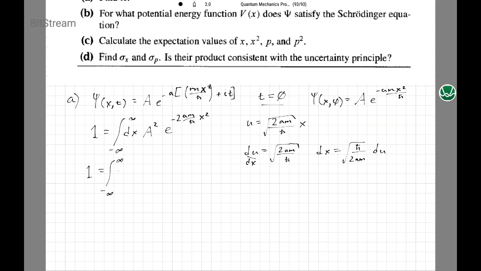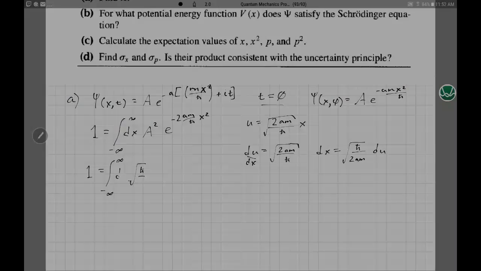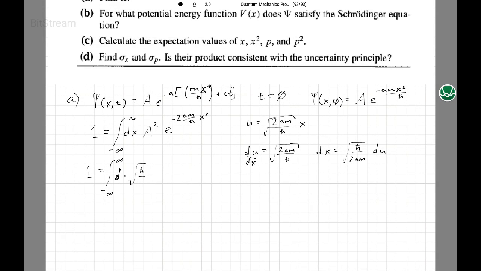Okay, so now we're replacing du with dx. Anywhere that I had a dx, I am now replacing it with this term. My limits, if I plug in positive infinity and negative infinity, they don't change.